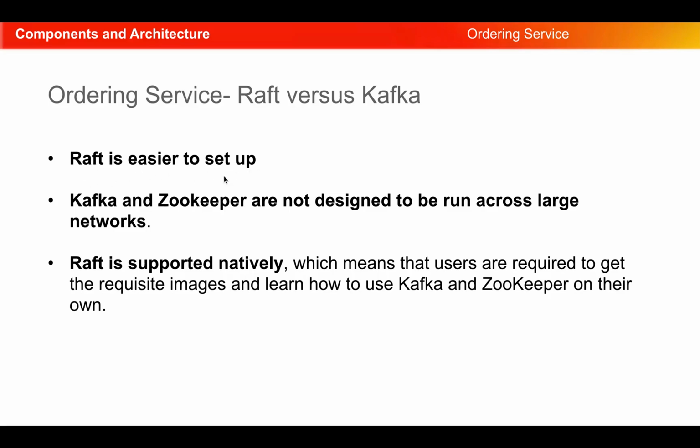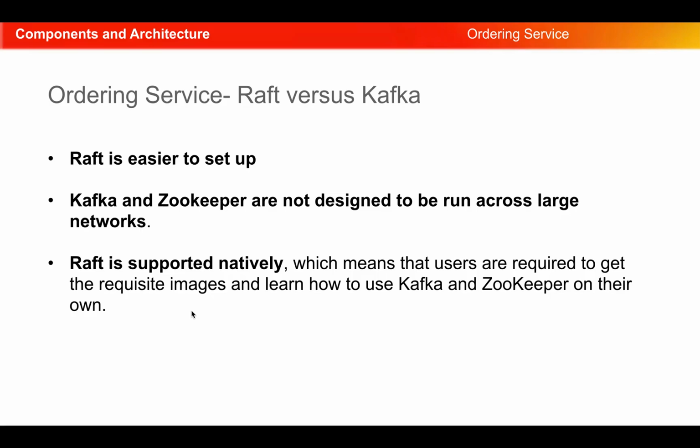So Raft is easier to set up. Kafka and Zookeeper are not designed to be run across large networks. Raft is supported natively, whereas with Kafka, users are required to get the requisite images and learn how to use Kafka and Zookeeper on their own. This means that after 2.0, Raft is supported natively.